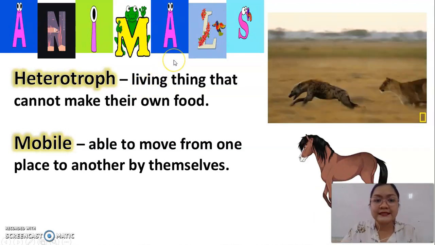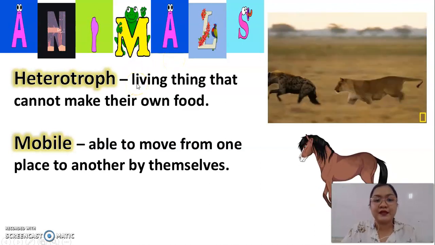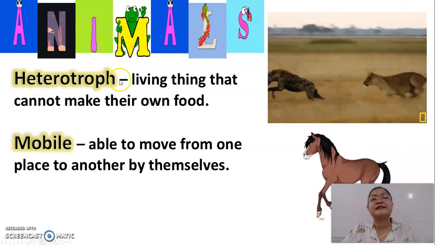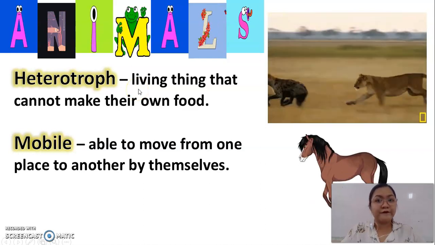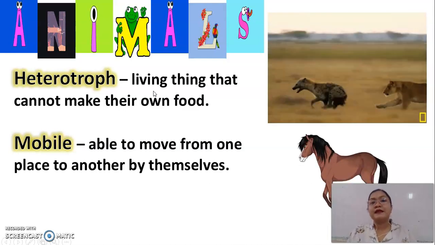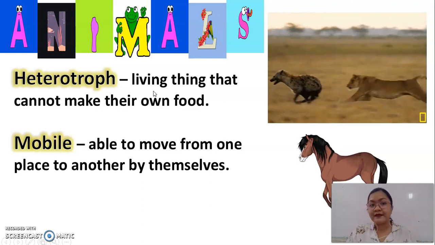What is a heterotroph? Can you read with teacher? Okay, very good. Heterotroph is a living thing that cannot make their own food. Again, when we say heterotroph, is it they can or they cannot? Very good.